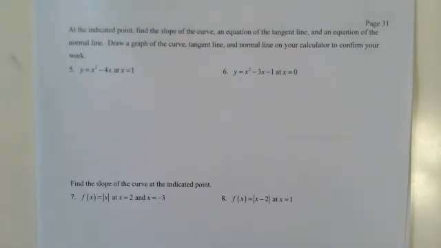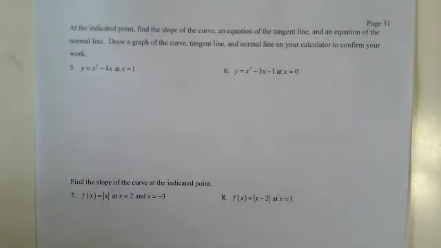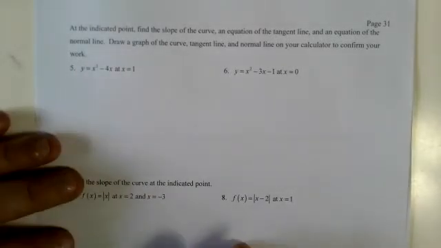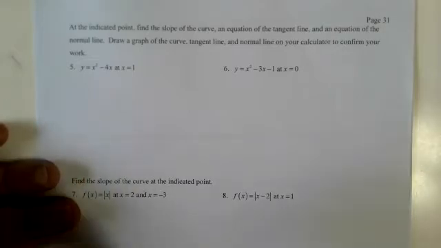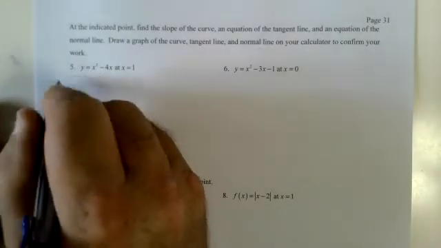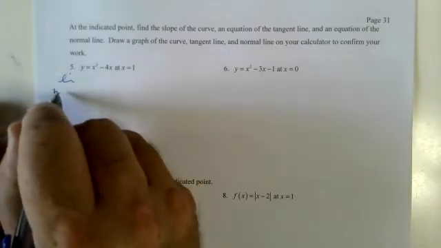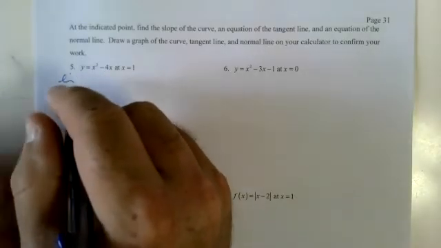At the indicated point, find the slope of the curve, equation of tangent line, and so on. Do it the long way, and then get around to doing it the shortcut way. Limit as h approaches 0.